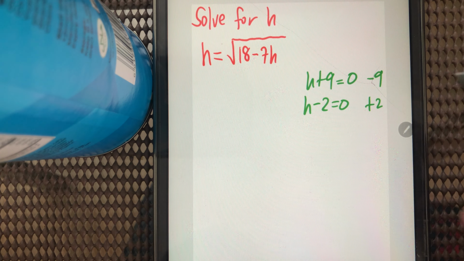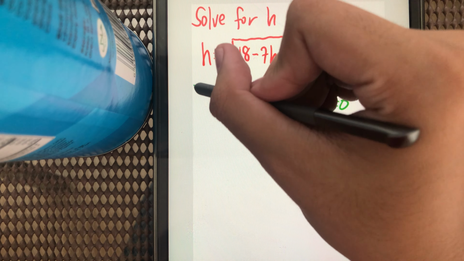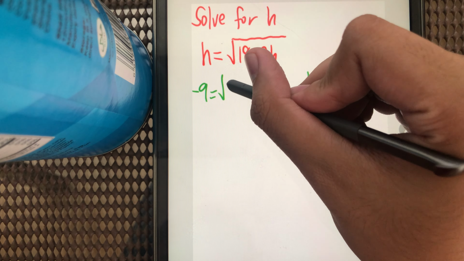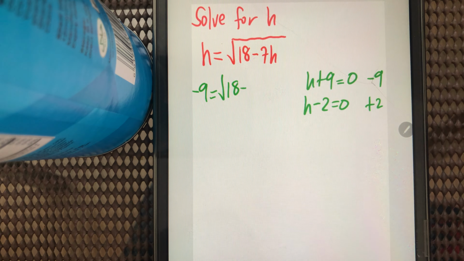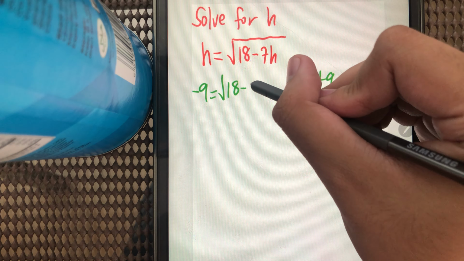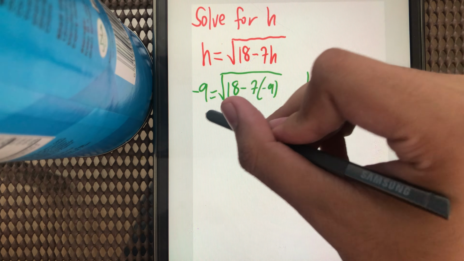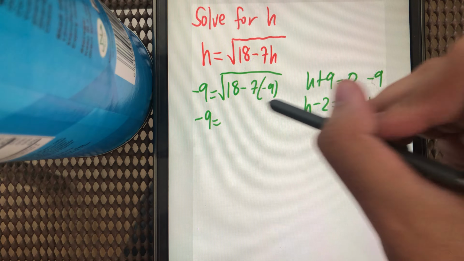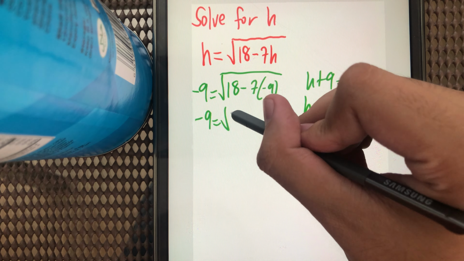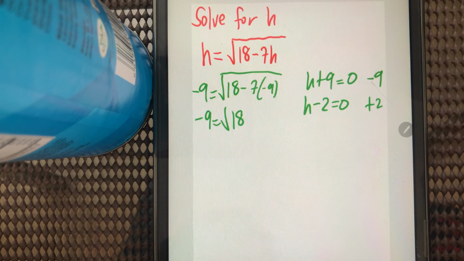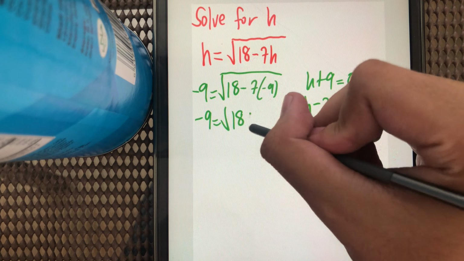Let's start with minus 9. Our h is minus 9. Then minus 9 is equal to square root of 18 minus 7 times minus 9. Minus 7 times minus 9 is plus 63.